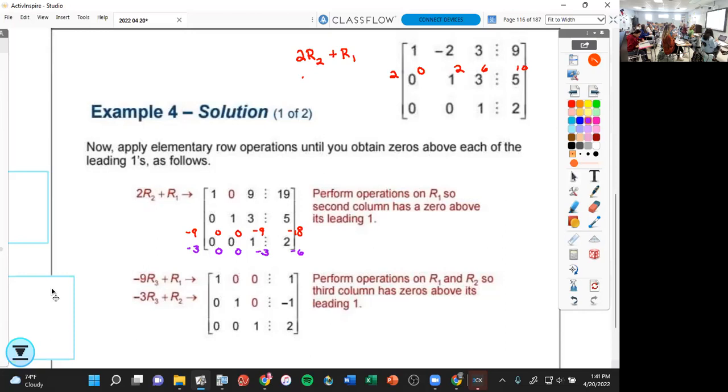Perfect. So let me read this first line to you. 1x plus 0y plus 0z is equal to 1, meaning x equals 1. Second row, 0x plus 1y plus 0z equals -1. Therefore, y is -1. So z is 2.